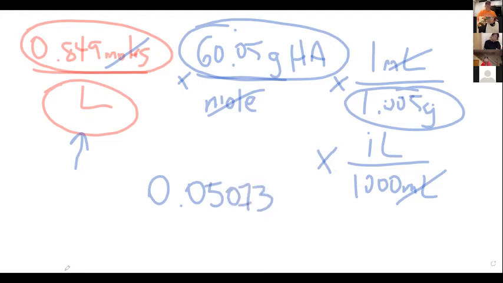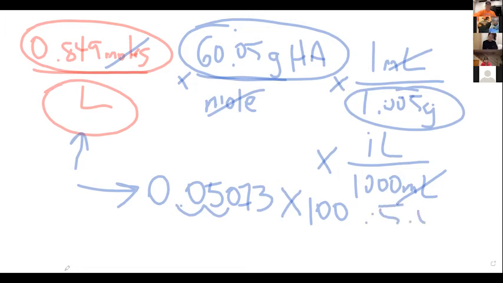0.05073. Now remember, you're saying, wait a minute, that's much less than 5%. But this is a ratio. Percent is when you multiply that by 100. That's your percent. So my percent is 5.07%. And since I have only 2 significant digits in my concentration, I round this to 2 significant digits, so 5.1.